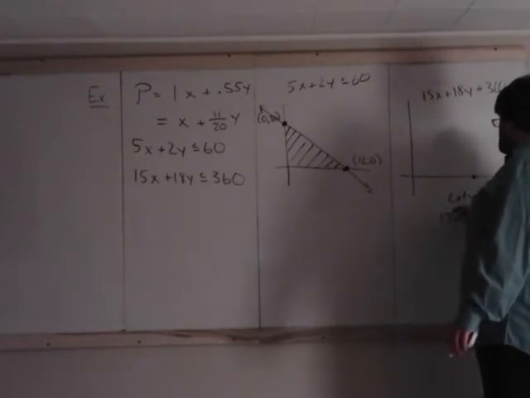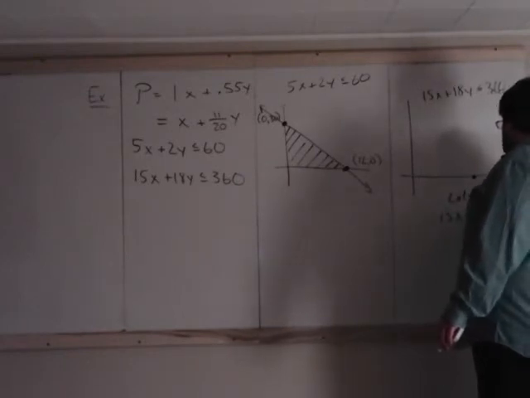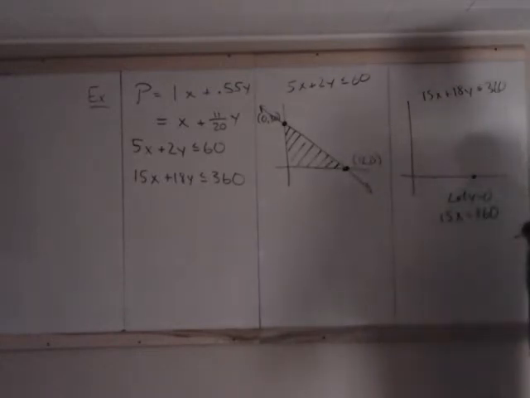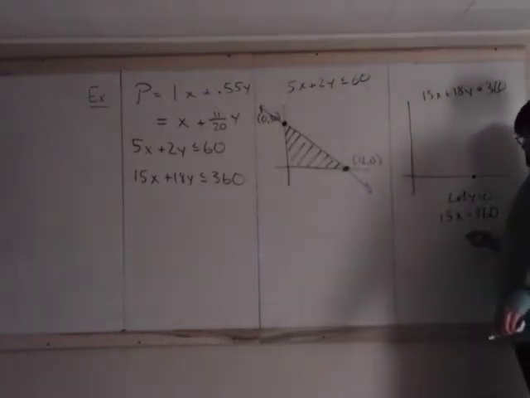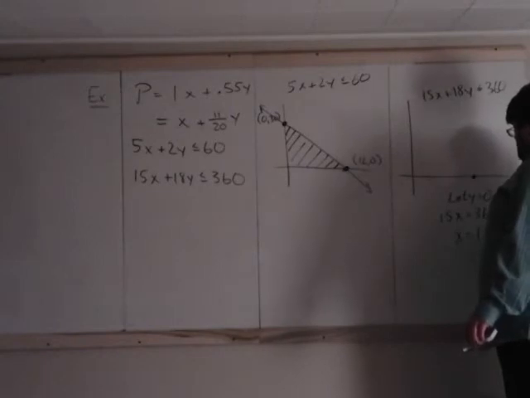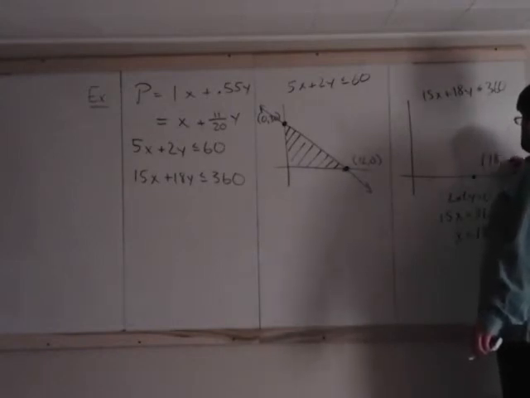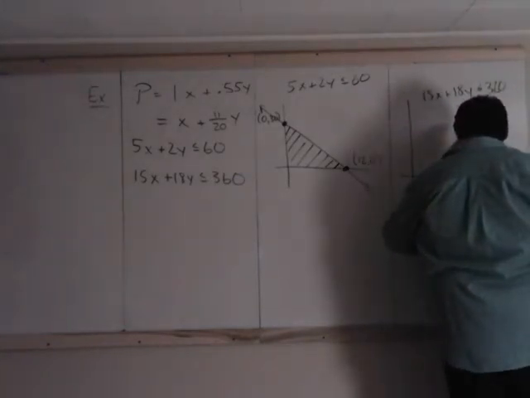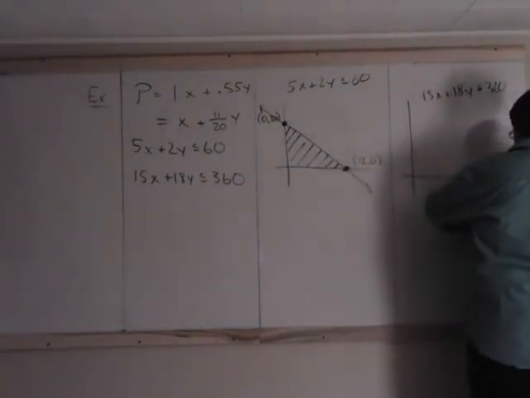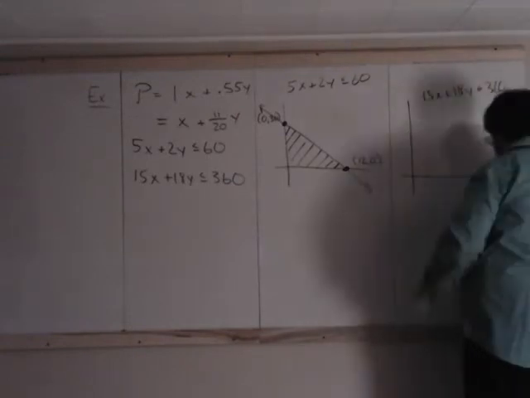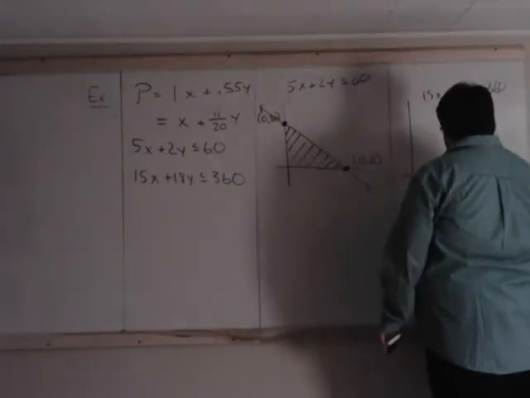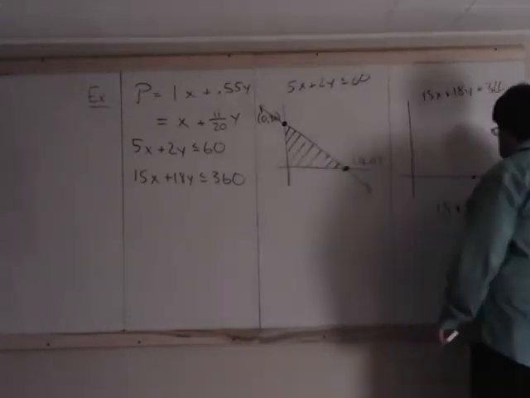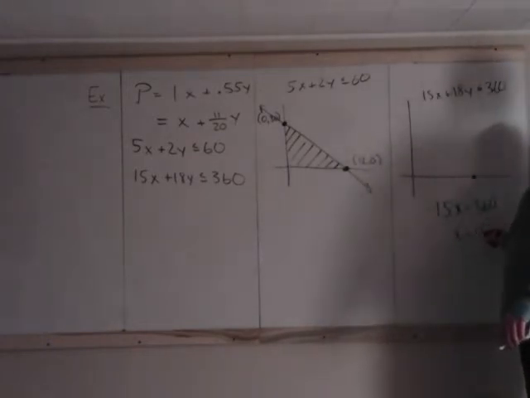So you get 15x equals 360. 360 divided by 15 is 18. So you get 18, 0. Why is it 18? Yeah, good job. It is not 18. 15x equals 360. x equals 24.